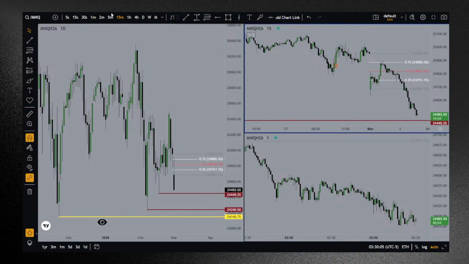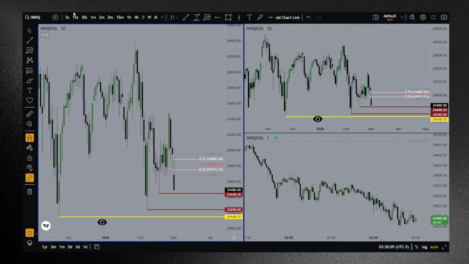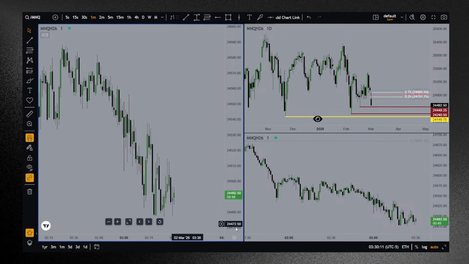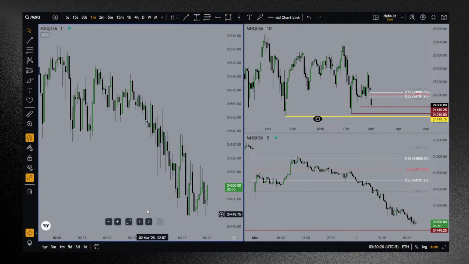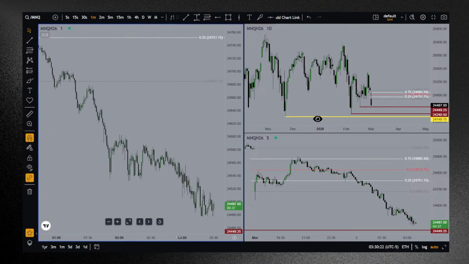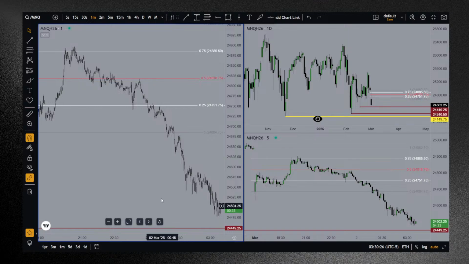So let's do it this way. Daily chart here, 1 minute chart here, and a 5-minute chart here. Yeah, that should do the work pretty well.